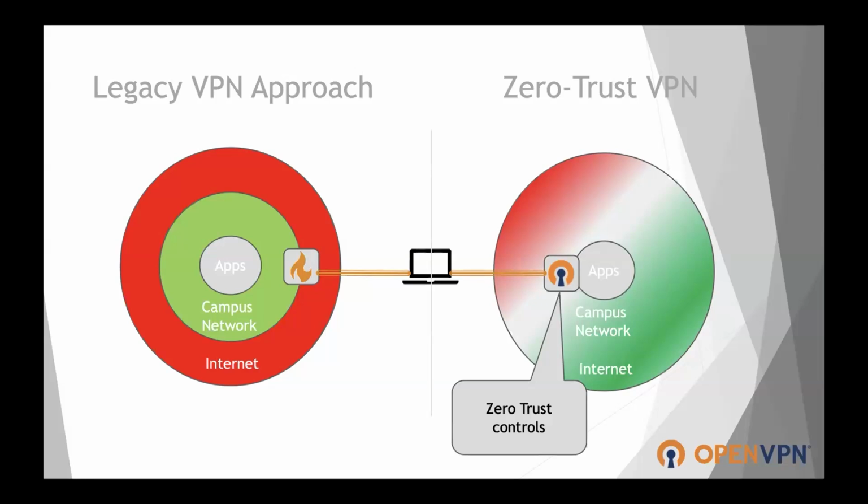It's more nuanced than that. It's how you implement your zero trust approach and zero trust principles. VPNs are still needed in order to tunnel the traffic and get access to private applications, but it needs to be implemented with zero trust principles in mind.